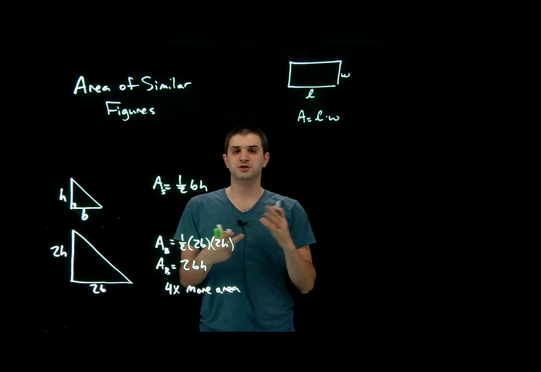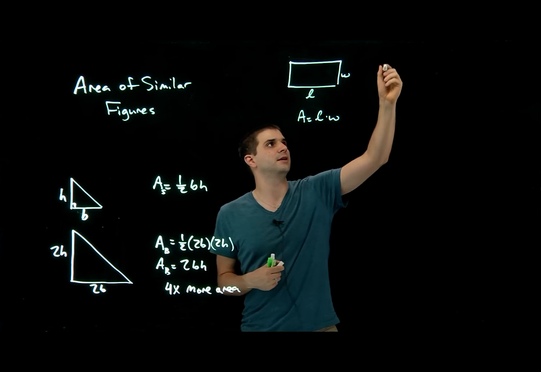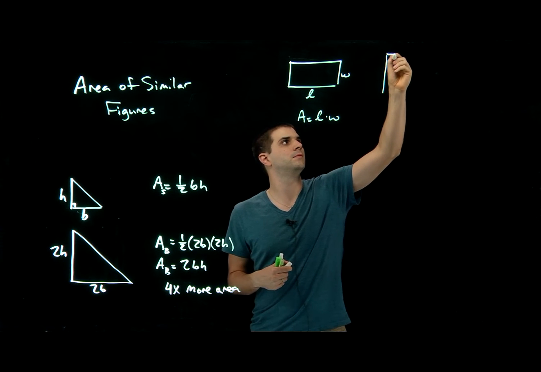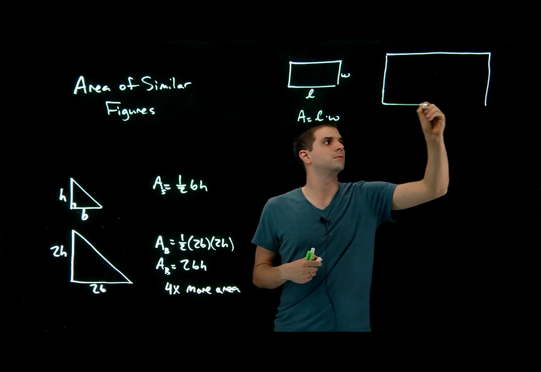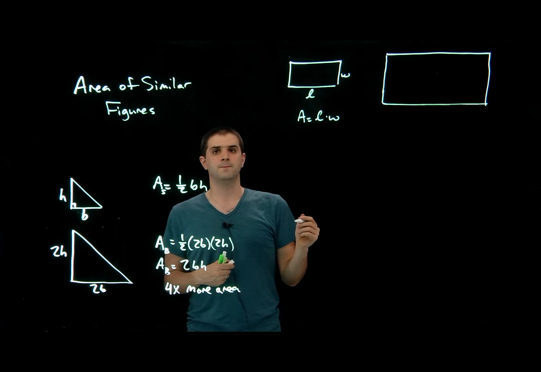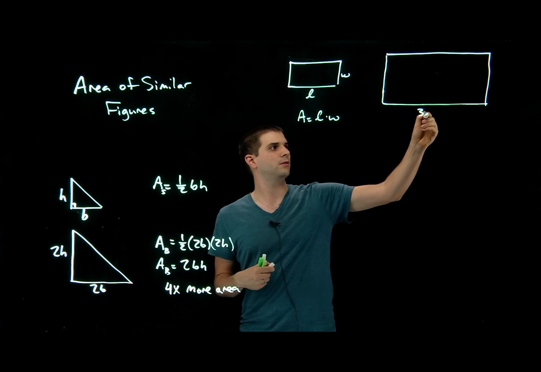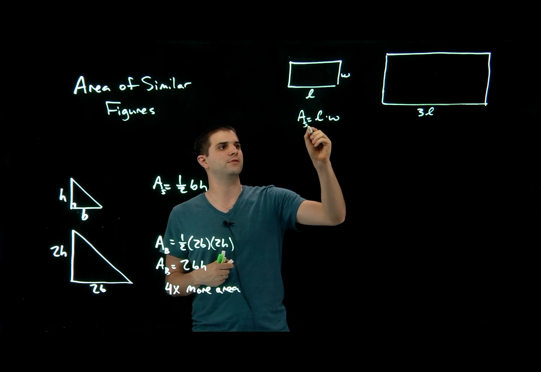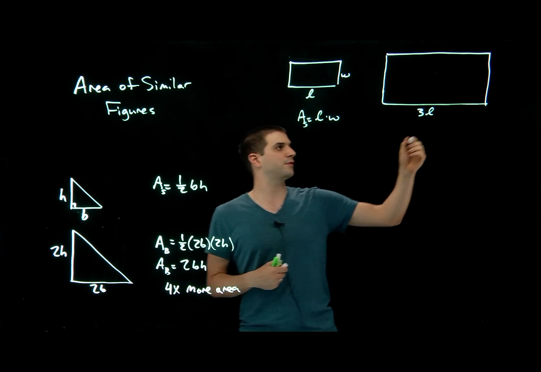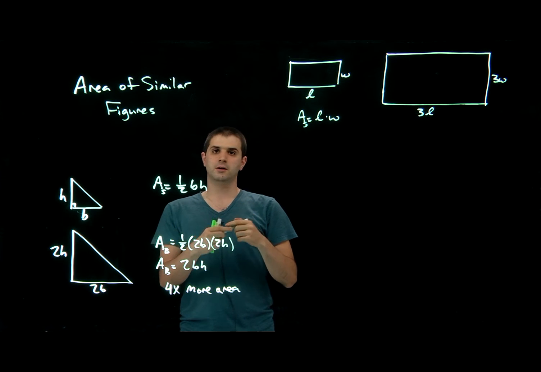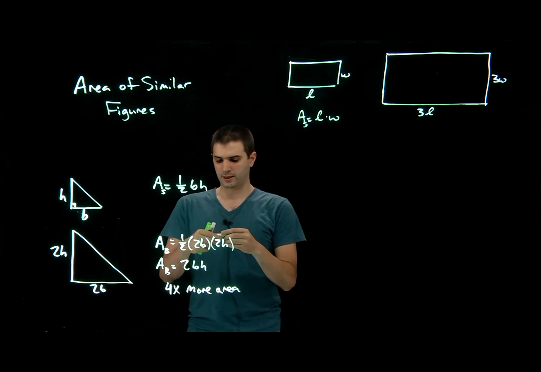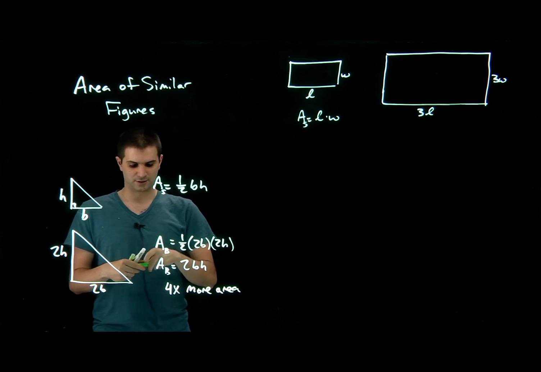So what happens to the area of this if we blow this up? We've blown this up, and let's say we have 3L. The area of the small figure is L times W. The area of the big figure, I want to blow this up 3 times, so it's going to be similar with a scale factor of 3. Let me just write this down, the scale factor.